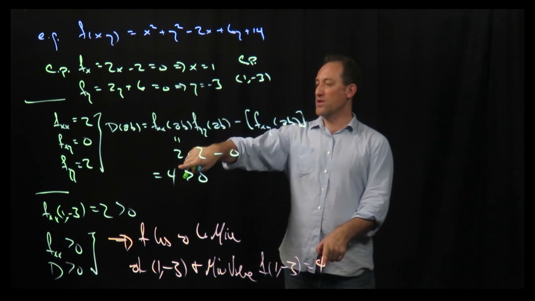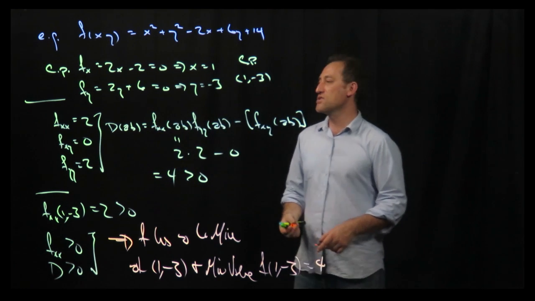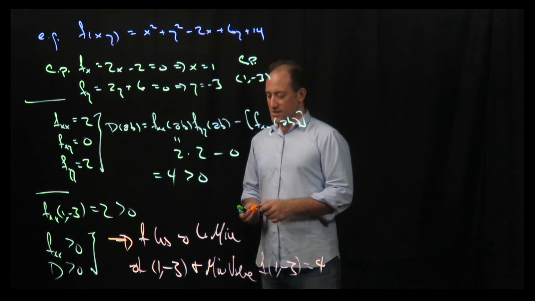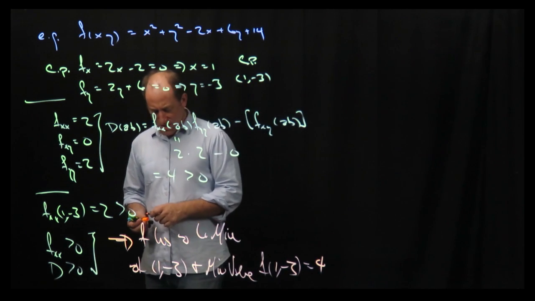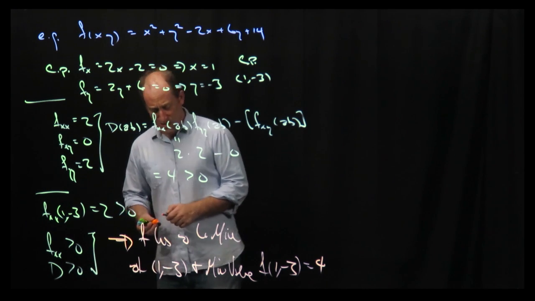This is pure coincidence, the fact that the second derivative yielded 4 and the value of the function is 4. All right, not too difficult. At least I know that what should be true is true.